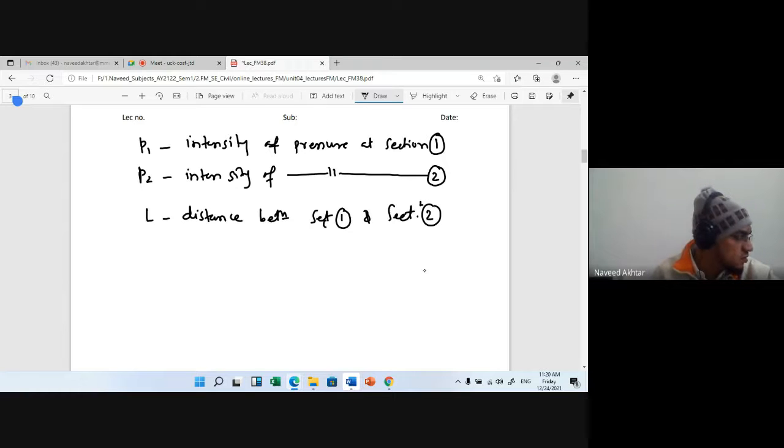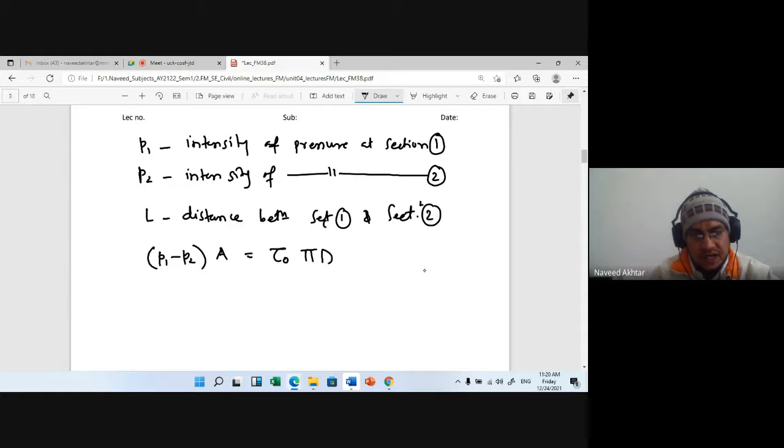So if you write down the pressure difference, P1 minus P2 times the cross-section area is equal to the friction resistance due to shear stress, and it is tau 0 times pi D, the perimeter of the pipe, and we are considering only a small portion of the pipe, that is length L.